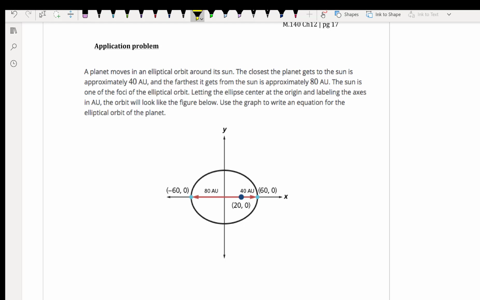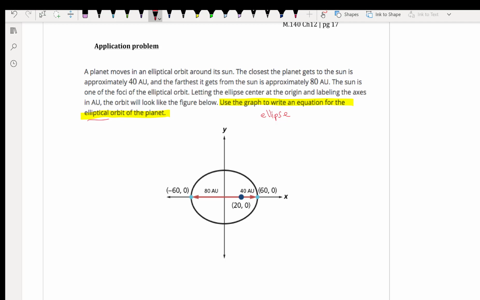So you might be thinking, like, what did I just read? Well, it just says use the graph to write the equation of the elliptical orbit of the planet. So you know that this is an ellipse. So that's great. You know it's going to be an ellipse. The other thing that you are going to know is that it's stretched out, at least it looks like it's stretched out along the x-axis.